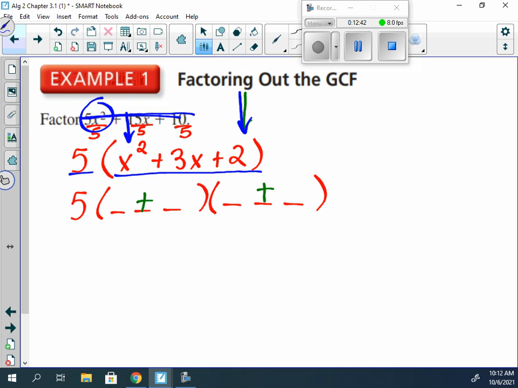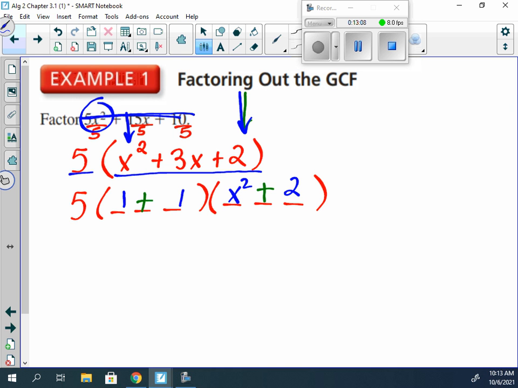So we're looking at x squared. What 2 things multiply together give me x squared? X and x. Now, 1 and x squared would work, but it wouldn't actually help us. Because if I say 1 and x squared, what are the factors of 2? 1 and 2, yes?